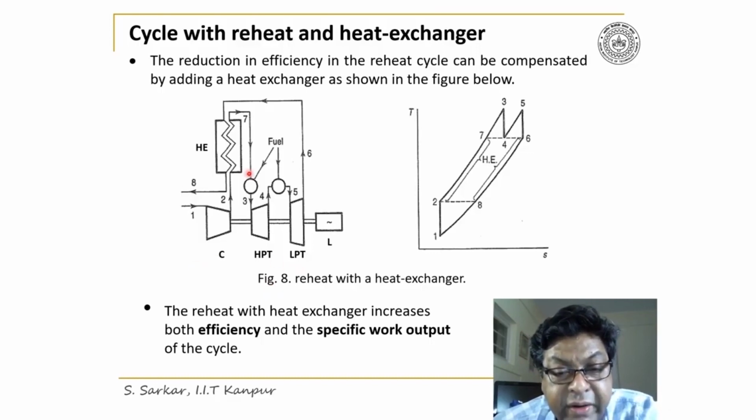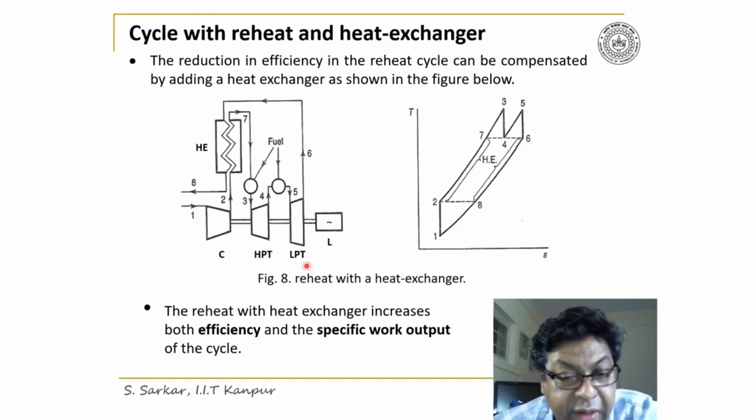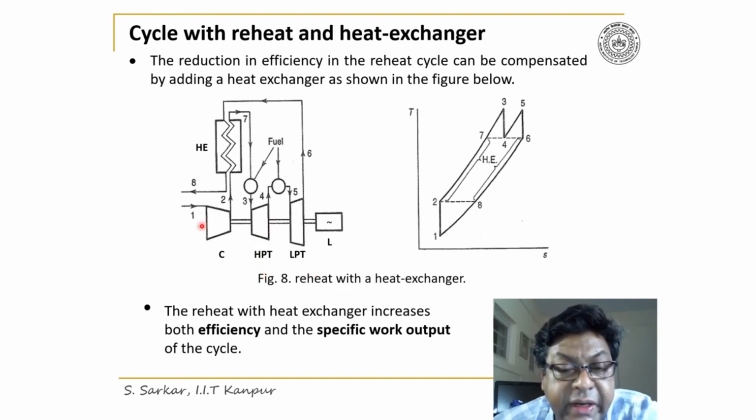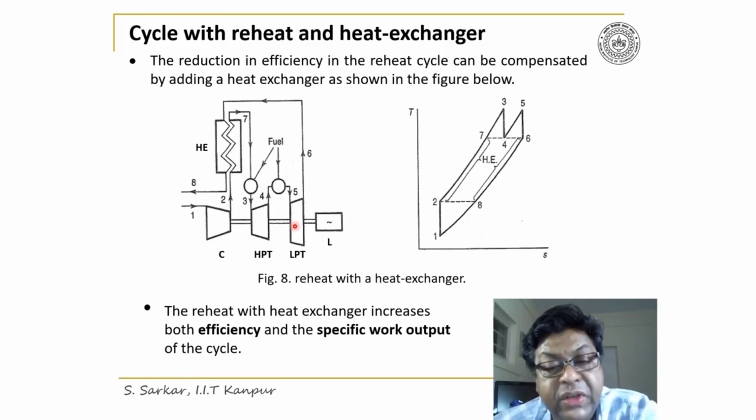have considered a reheat cycle, that means a compressor followed by the combustion chamber, then HPT and LPT turbines. The gas is reheated between the HPT and LPT, and then the turbine is connected to the compressor, and also it rotates the generator to produce electricity.